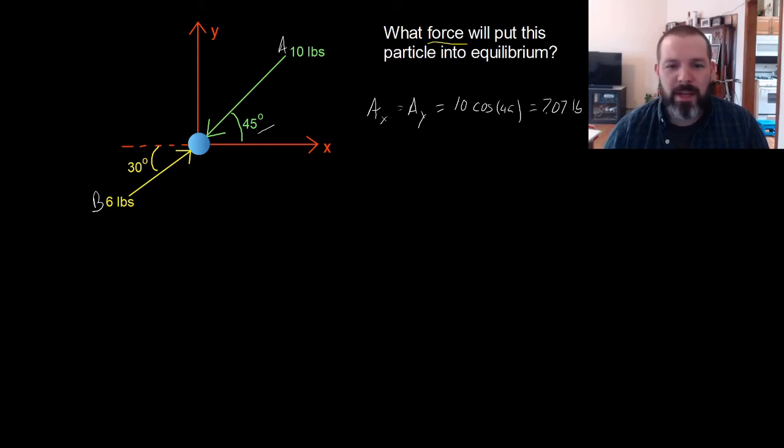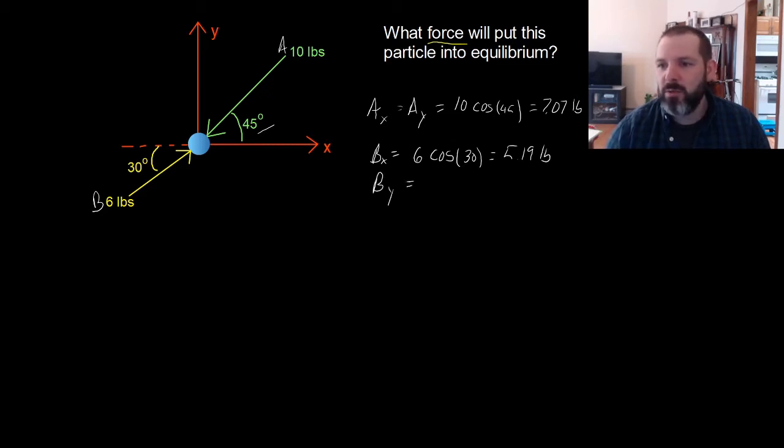When we look at BX and BY, they are going to be different because the angle there is 30 degrees. BX is going to equal 6 cosine of 30 degrees, which equals 5.19 pounds.